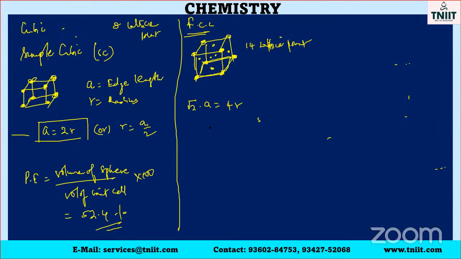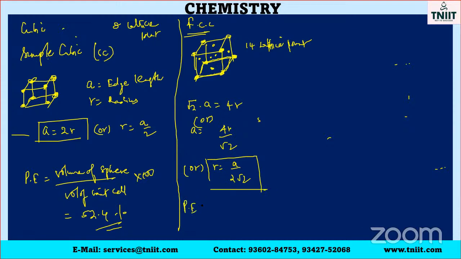They can ask you to calculate the edge length or the radius. We can write a = 4r/root 2, or we can also write r = a/(2 root 2). So these relations you should remember, the relation between radius and edge length in the case of a face-centered cubic lattice.